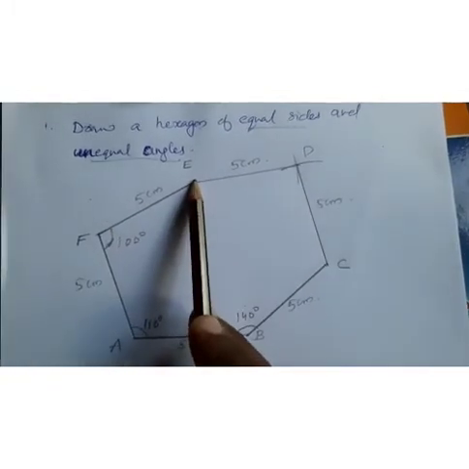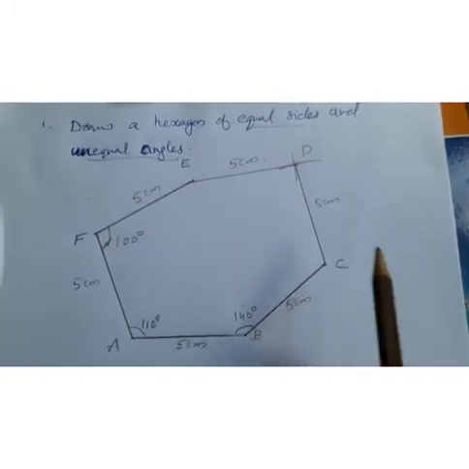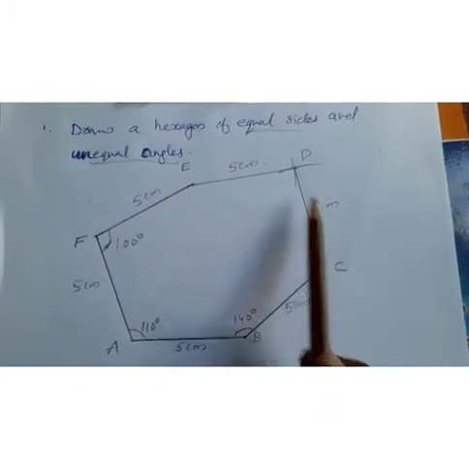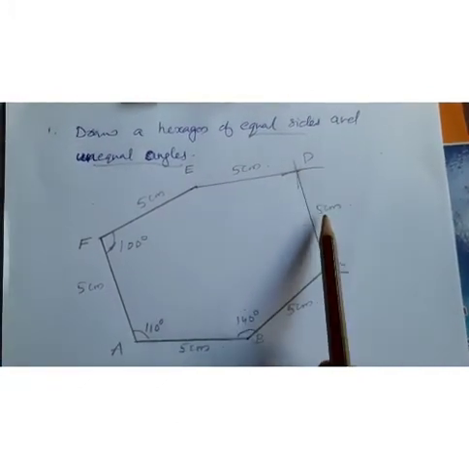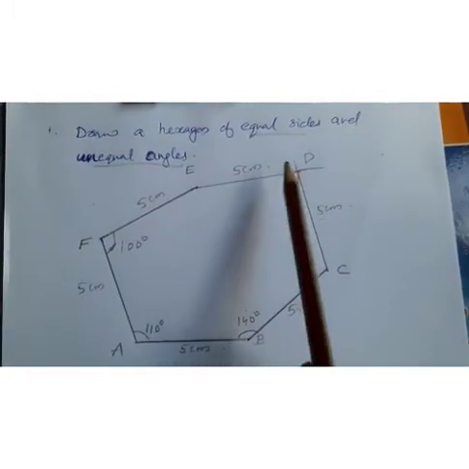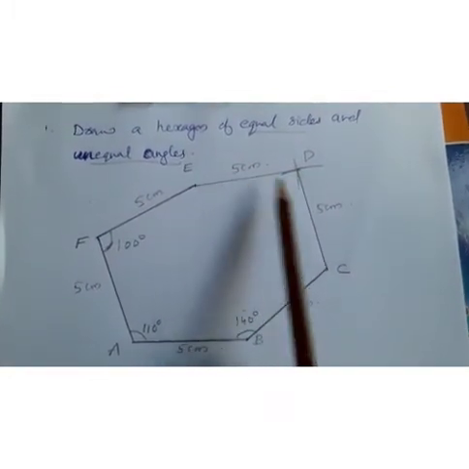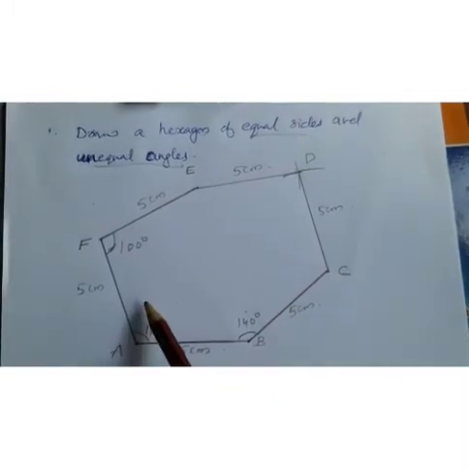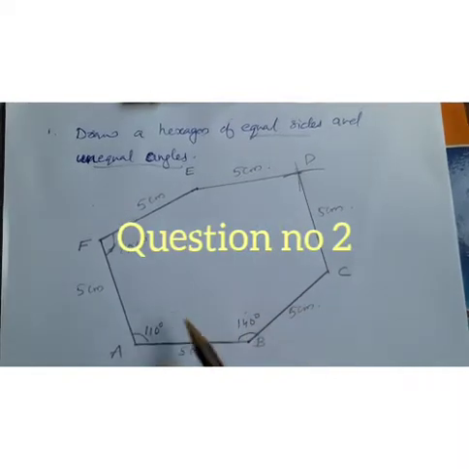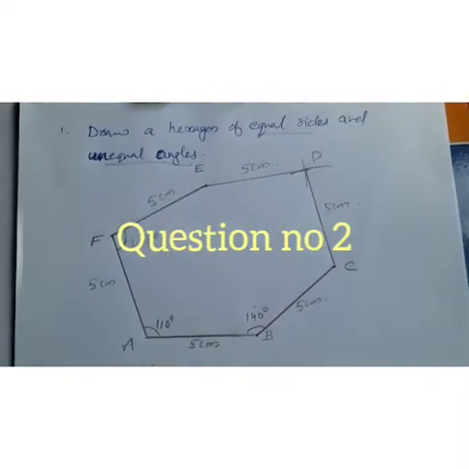Then mark the point E. Then from C and E you have to draw the arc with 5 centimeters and join the hexagon. So you will get a hexagon of equal sides but unequal angles. Hexagon, how many sides? 1, 2, 3, 4, 5, 6 sides for a hexagon.